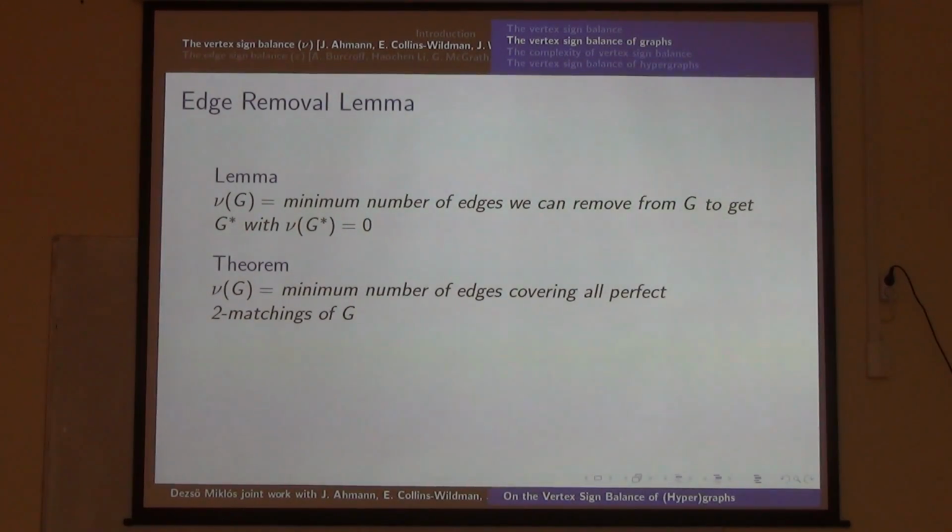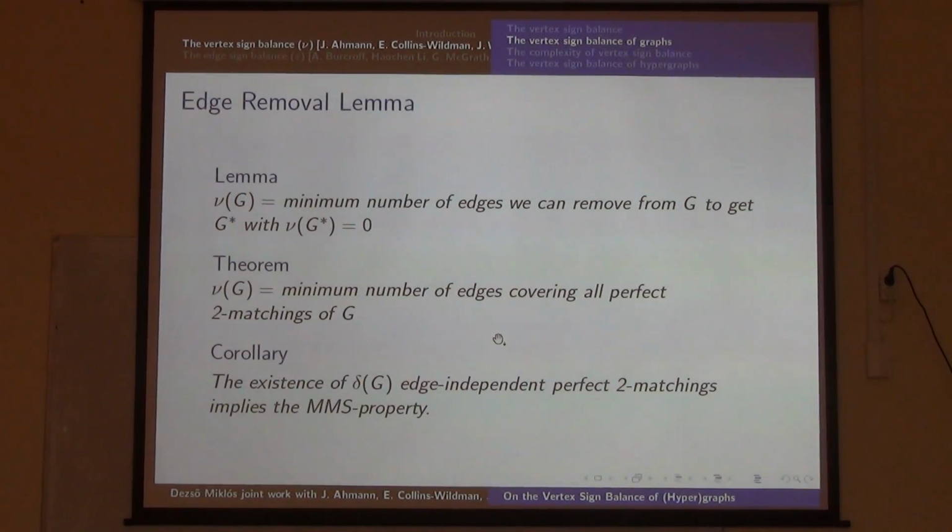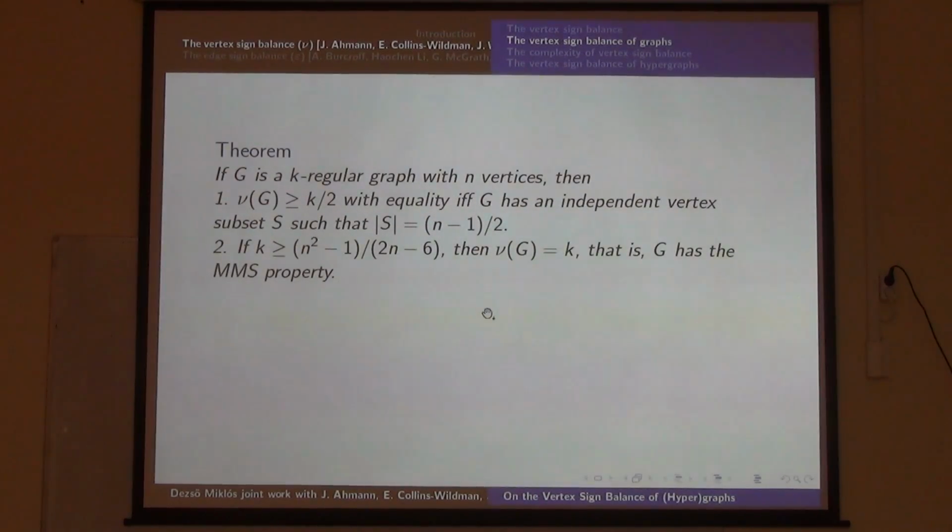But probably the easiest and simplest proof that a complete graph has the Manickam-Miklós property is using this. This is what I was just saying, that it gives you a lower bound. Once you can find minimum-degree many edge-independent perfect 2-matchings in a graph, that implies the Manickam-Miklós property, and that is relatively easy to find using induction in a complete graph.